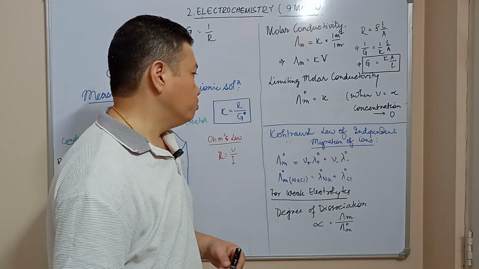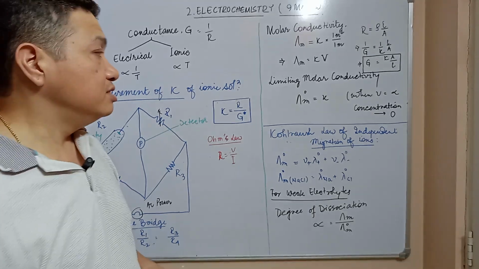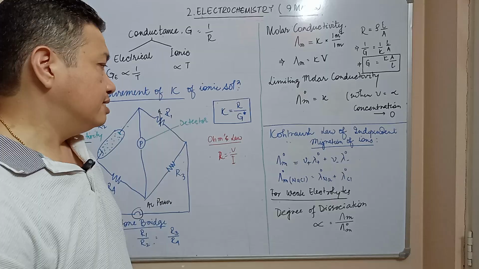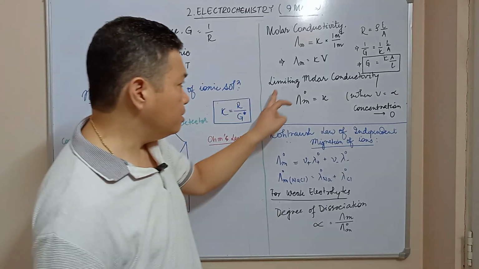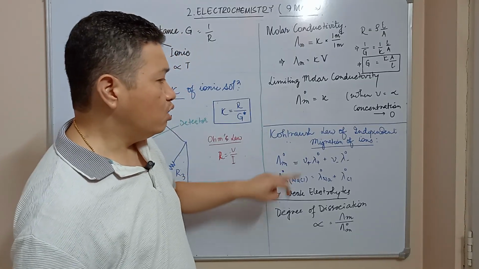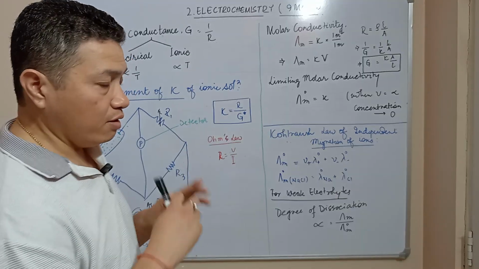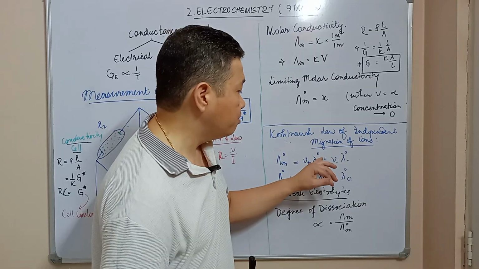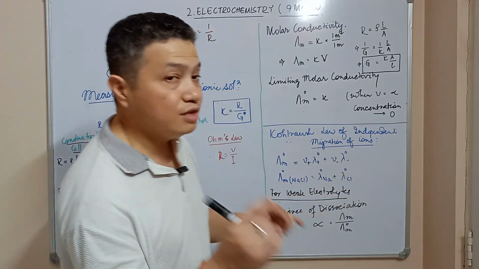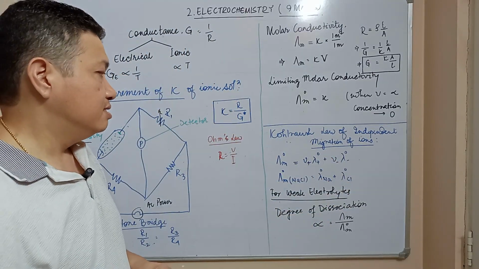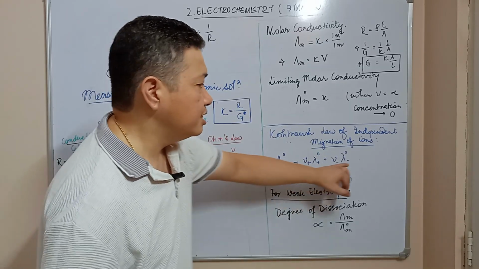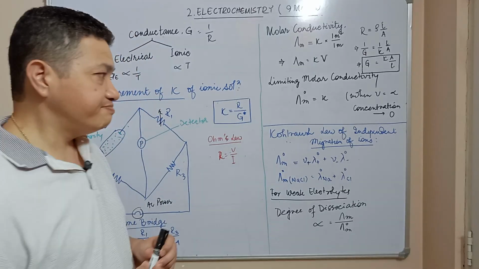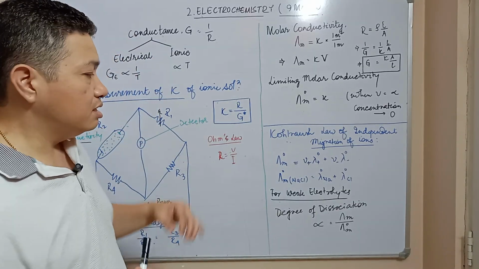Now next, there is one more important topic that I want to cover in this video. It's called Kohlrausch's law of independent migration of ions. It says that the limiting molar conductivity of any ionic solution is equal to the sum of the limiting molar conductivity of the individual ions in it. So this is the cation, and this is the anion. For example, take sodium chloride as the ionic solution.